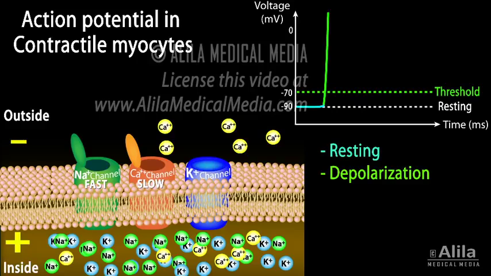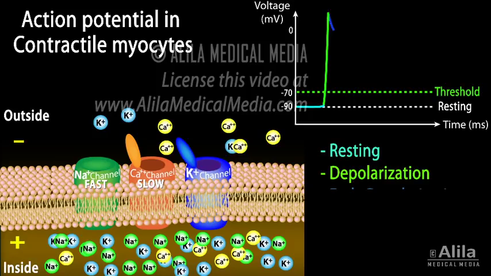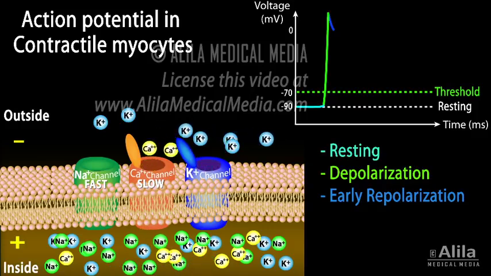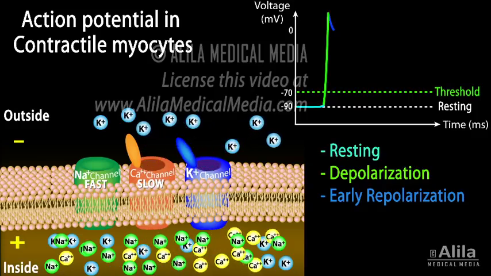As the action potential nears its peak, sodium channels close quickly, voltage-gated potassium channels open, and these result in a small decrease in membrane potential, known as the early repolarization phase. The calcium channels, however, remain open, and the potassium efflux is eventually balanced by the calcium influx. This keeps the membrane potential relatively stable for about 200 milliseconds, resulting in the plateau phase, characteristic of cardiac action potentials.